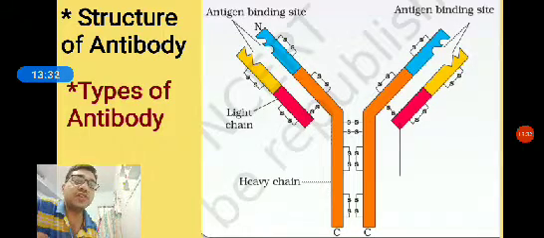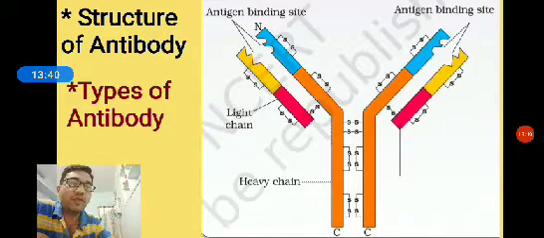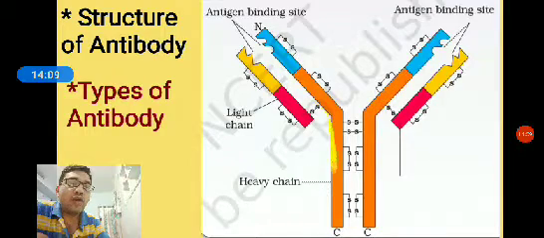When it comes to the structure of antibody, the antibody molecule is made up of 4 polypeptide chains. 1, 2, 3, 4. These 4 polypeptide chains are arranged and look like a capital Y shaped structure. There are 2 long chains and 2 small chains. This is the small chain and this is the long chain.